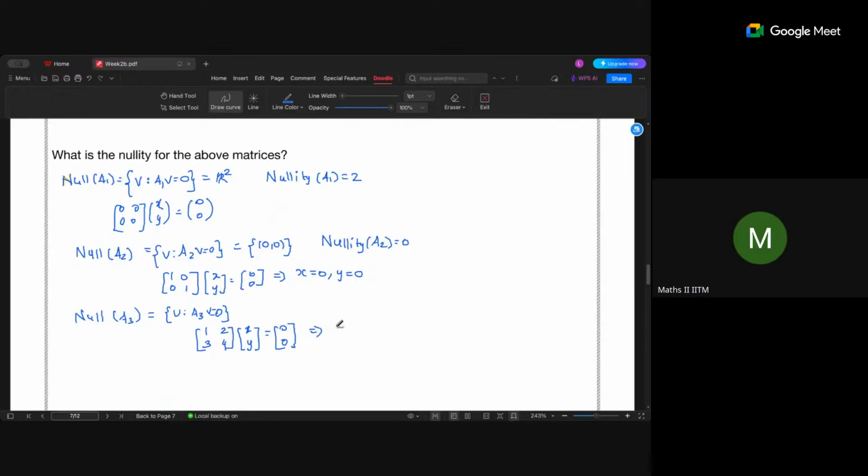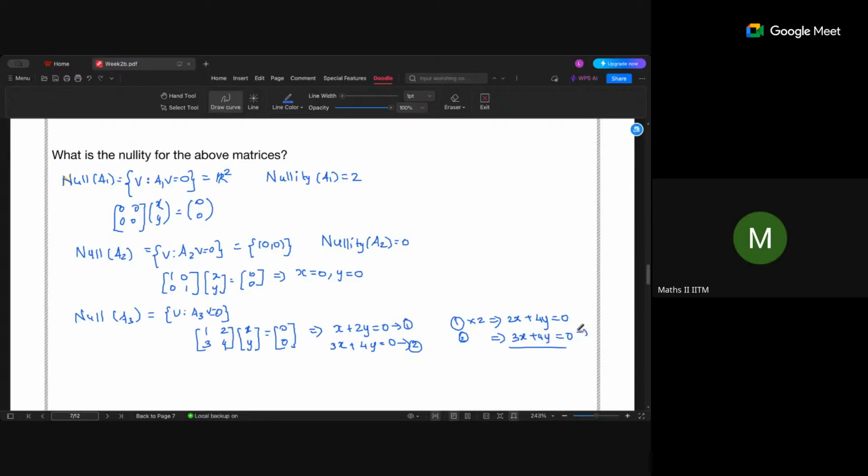Here you see x plus 2y equals 0 and 3x plus 4y equals 0. Now, how do you usually solve this kind of equation? Let's call this equation 1 and this equation 2. Multiply the first equation by 2. Then you get 2x plus 4y equals 0, and the second one is 3x plus 4y equals 0.